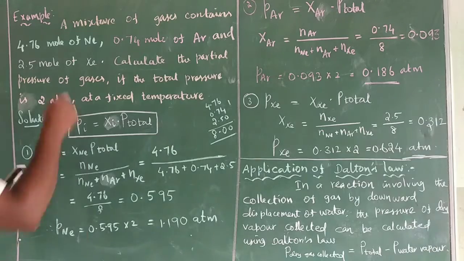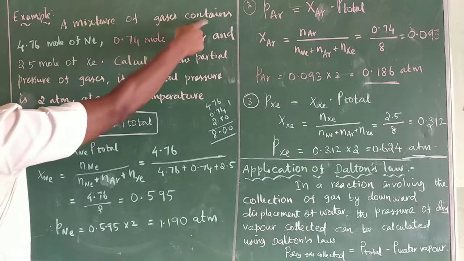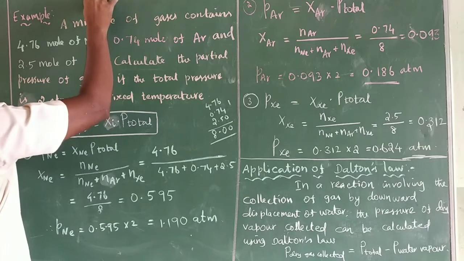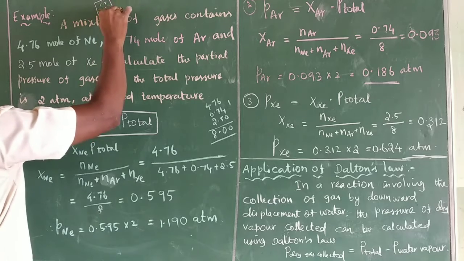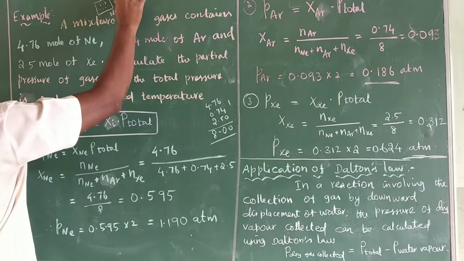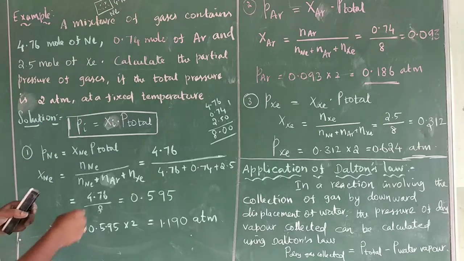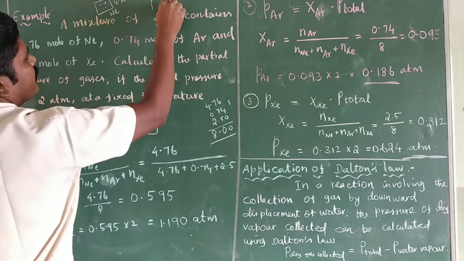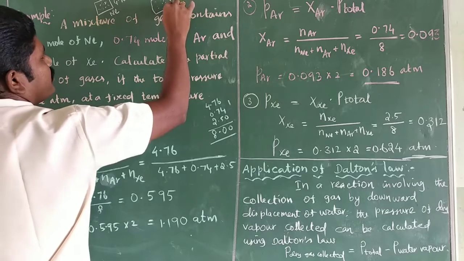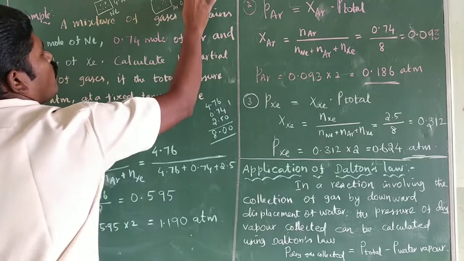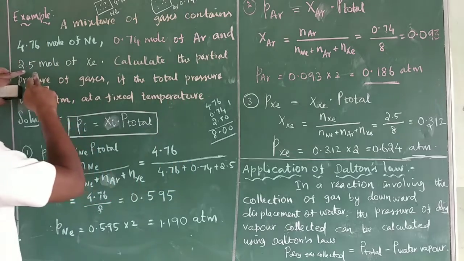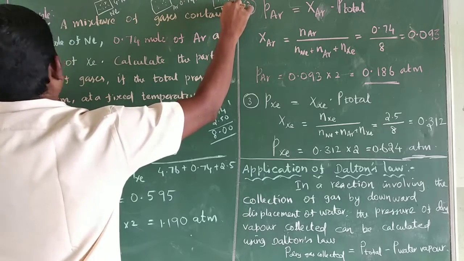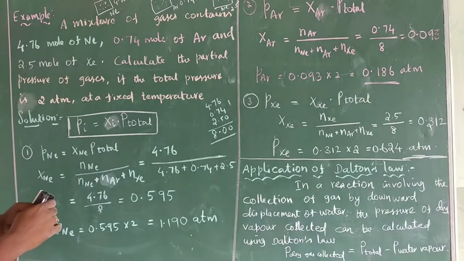Right? Okay, students. Example. A mixture of gases contains 4.76 moles of neon, 0.74 mole of argon, and 2.5 mole of xenon.